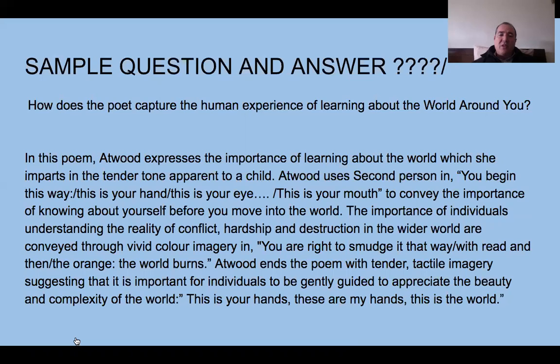The importance of individuals understanding the reality of conflict, hardship, and destruction in the wider world are conveyed through vivid colour imagery in, "you are right to smudge it that way with red and then the orange, the world burns."